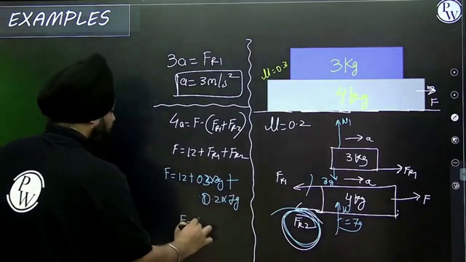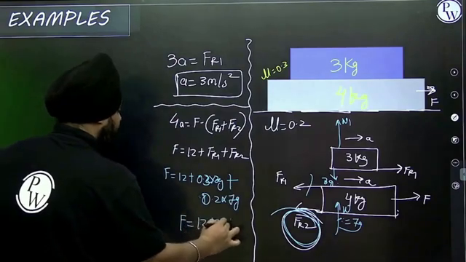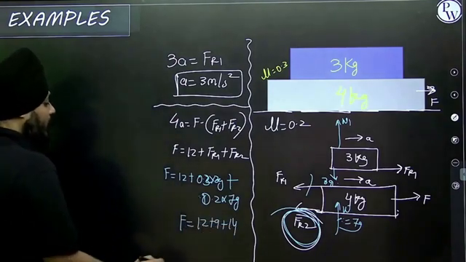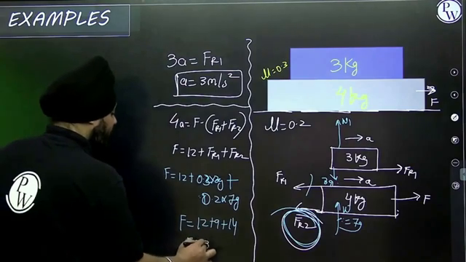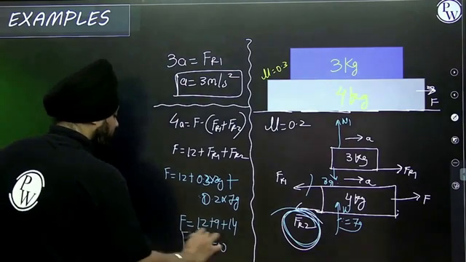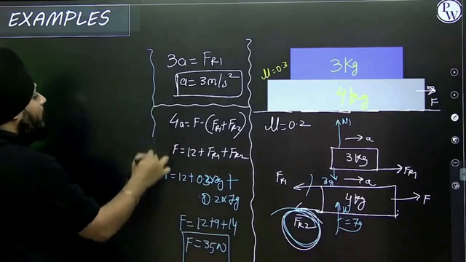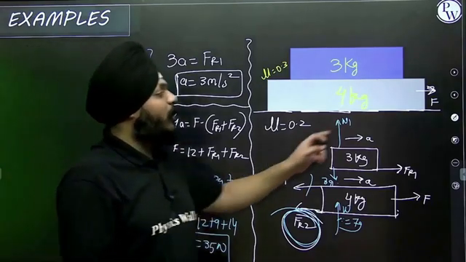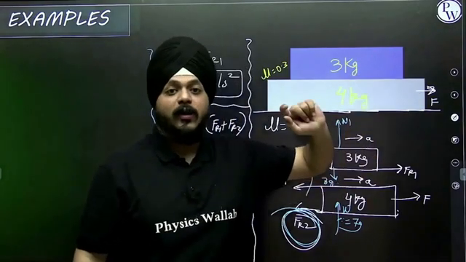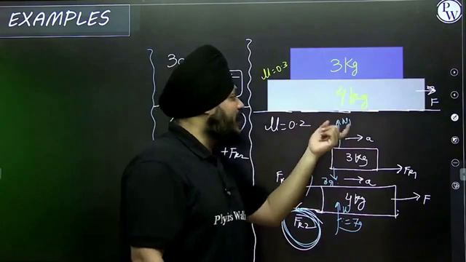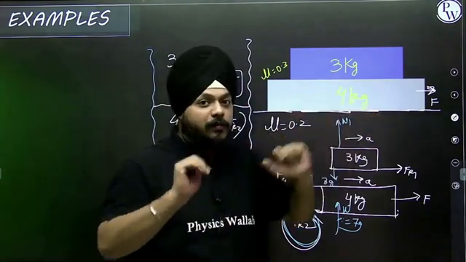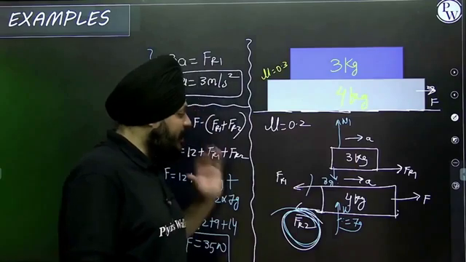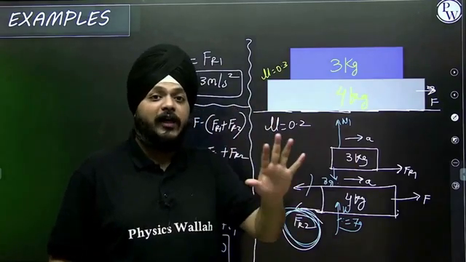So here it will be 12 plus 6 plus 14, so this will be 32 Newton. In the previous question, we got the value of F as 21 Newton. Why was that less? Because at the bottommost part, friction was not present. But in this case, we got the value as 35 Newton.